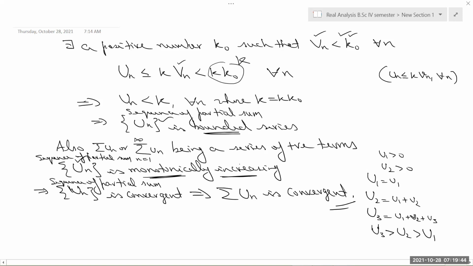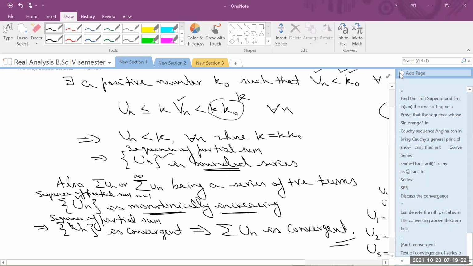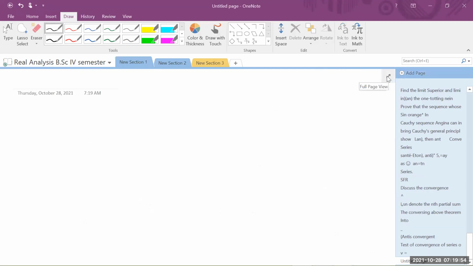So from here we have the proof of this one. Now similar to it, one can prove there are several different interpretations of this one, but I'm not going to do all of them. One can take all those as home assignment.